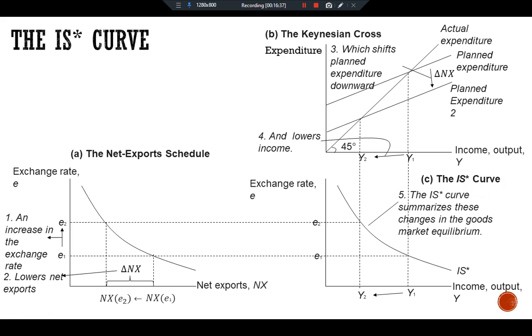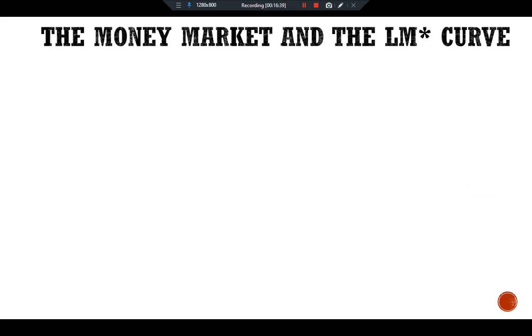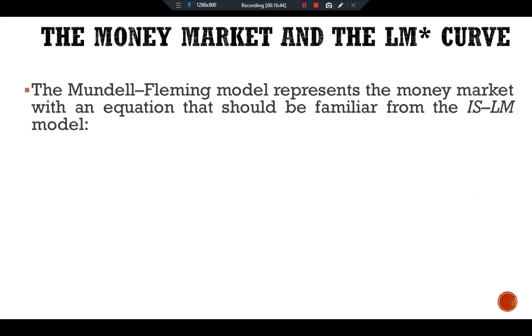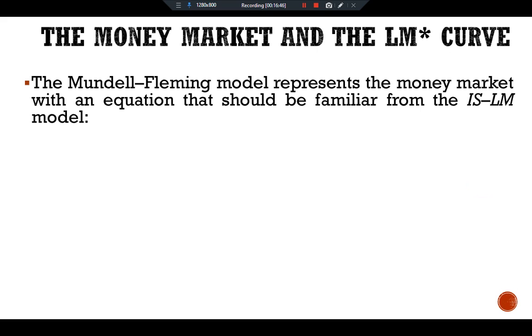Okay, let's move towards the money market and the LM static curve. The Mundell-Fleming model represents the money market with an equation that should be familiar from the IS-LM model. We have real money balances, M over P, equal to L(r, Y).